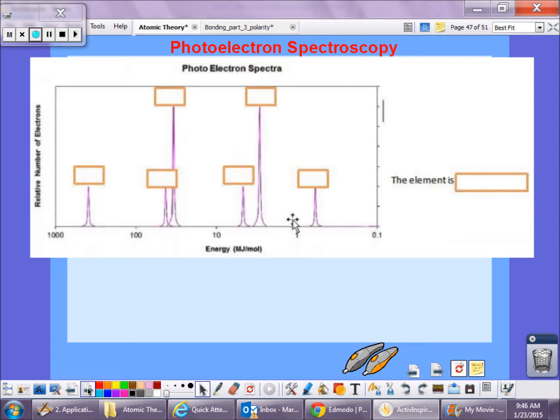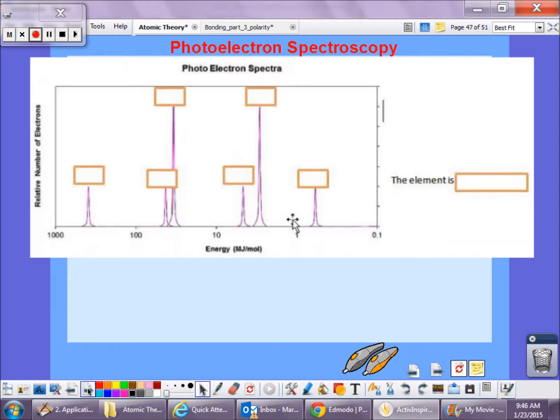So what do they really measure in photoelectron spectroscopy? I promise you will have questions on that. They really measure the kinetic energy. That means after you hit that substance, you measure the speed at which those electrons are moving when they get emitted.